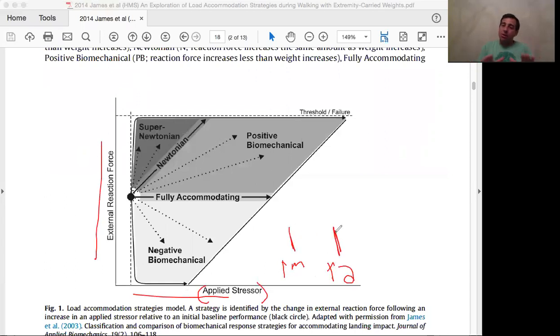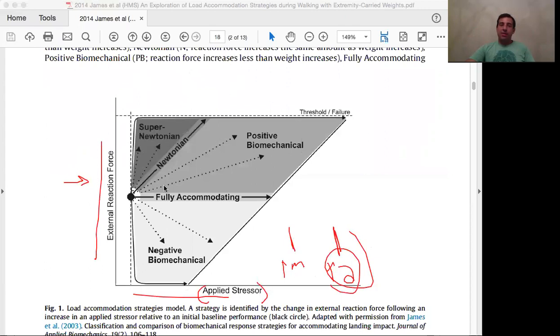So if I tell you that you're doing a drop landing from a higher height, you should understand that I'm messing with the acceleration, okay? The external reaction force is going to be the ground reaction force component, okay? Now, what I need you to be able to do is this.